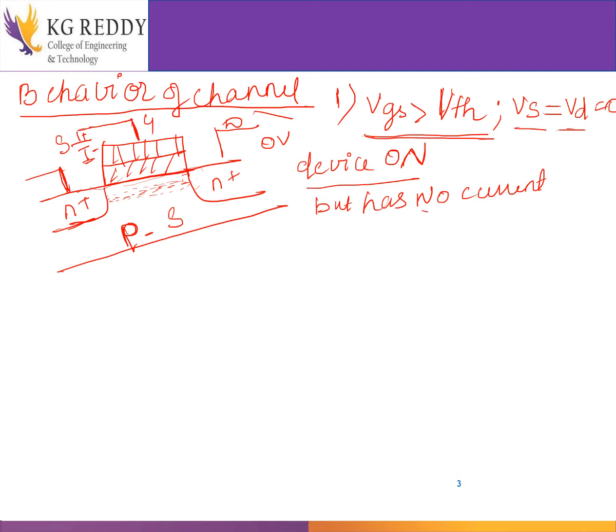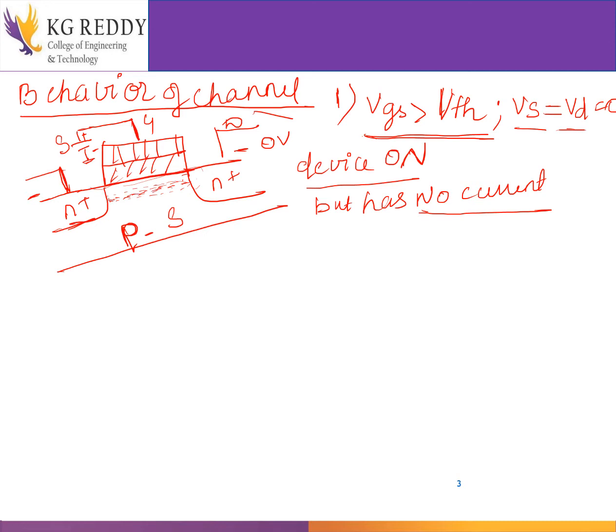In order to generate current in the channel, there should be a voltage difference between the source and drain, but we have equal voltages, and here we say that it is a resistive path. This is the resistive path where the current will actually take place.